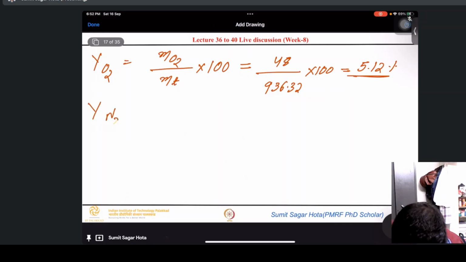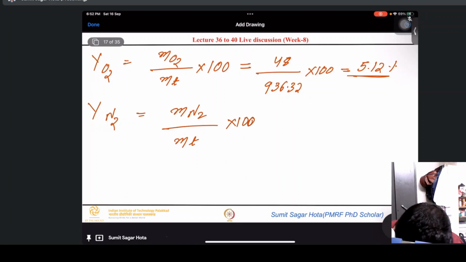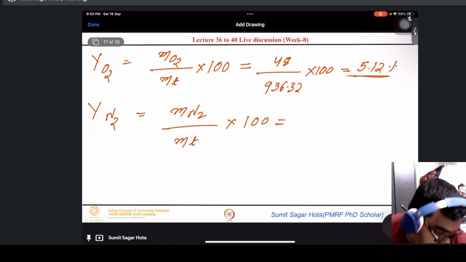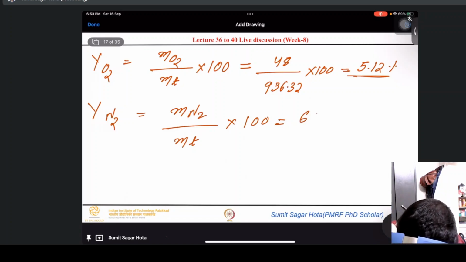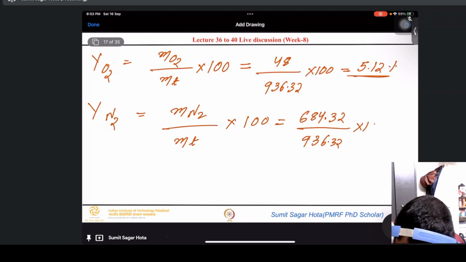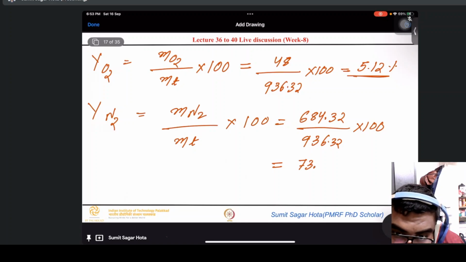Y of N2 is M of N2 over M total into 100, which is 684.32 divided by 936.32 into 100, equal to 73.08%.